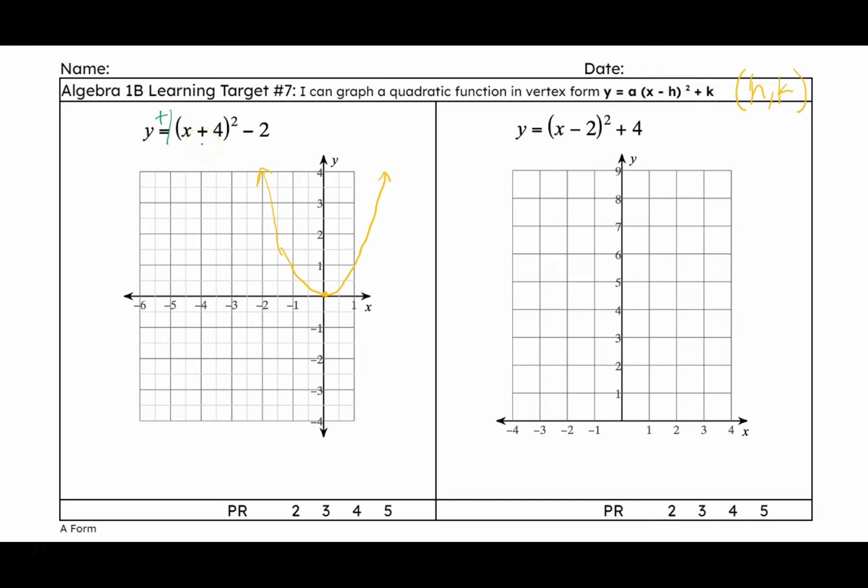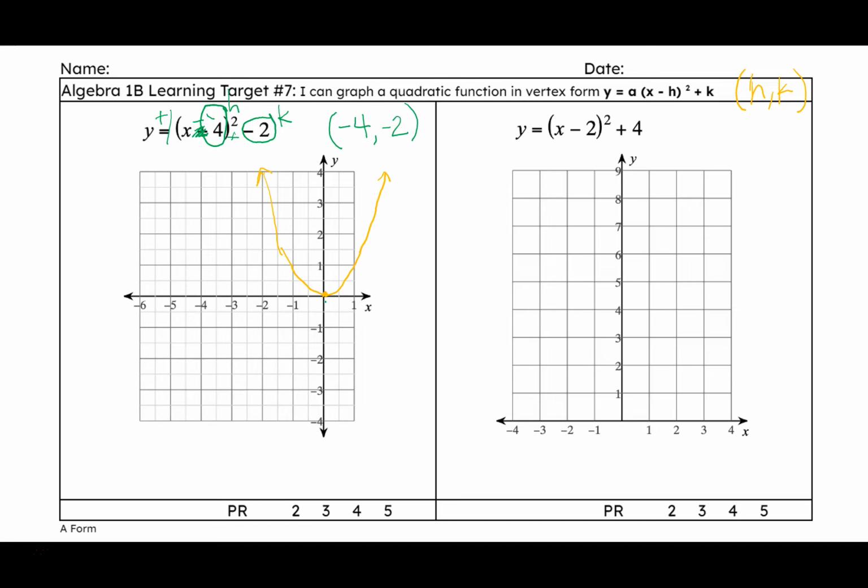How did we get a positive here? Well, if you remember, subtracting a negative also gets you a positive. So really our h term is negative 4, and our k term is negative 2, since you can plus a negative. So this parabola has its vertex at negative 4, negative 2.